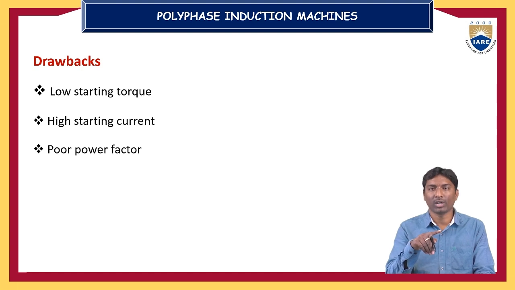Due to that, the drawbacks in the squirrel cage induction motor are low starting torque, high starting current, and poor power factor. These are the drawbacks of the squirrel cage induction motor.